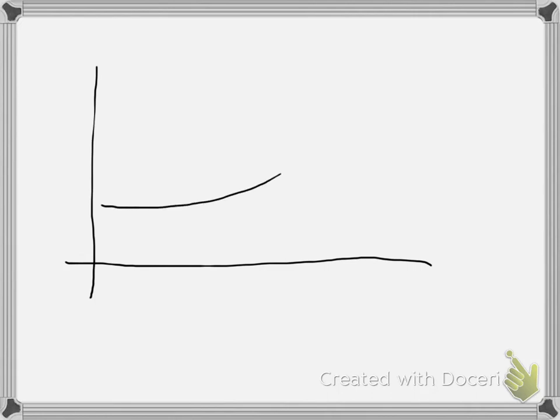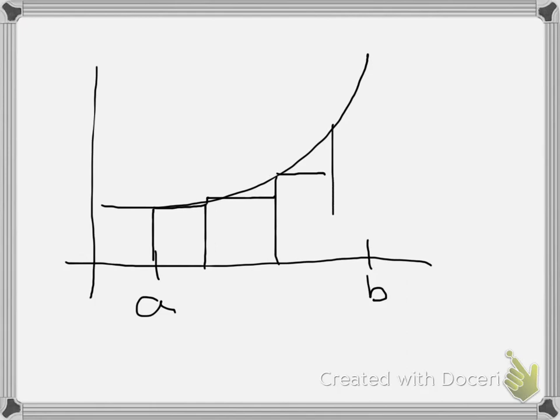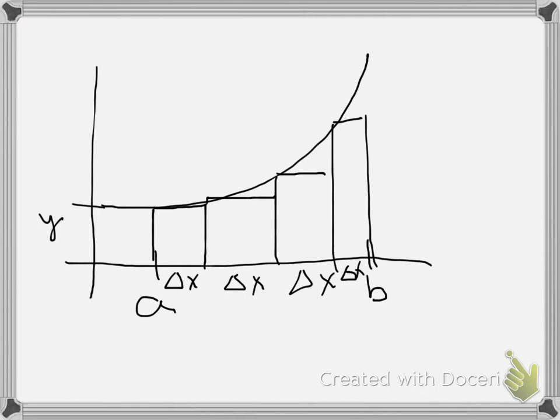if we look at a graph and we look at an integral from a to b, what a Riemann sum does is it makes rectangles of equal width, and I'll pretend they're equal width. All our rectangles have width delta x, and they have height y, or height f of x.